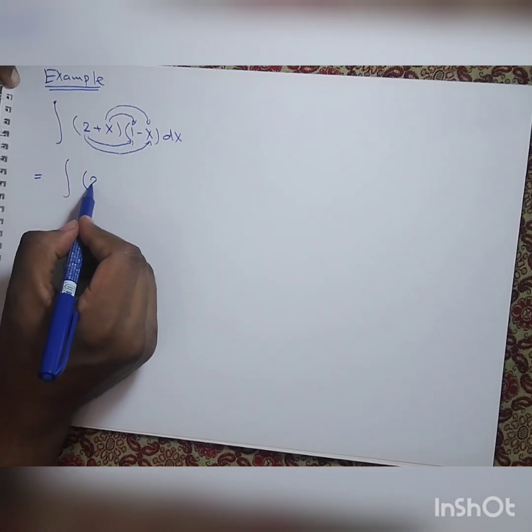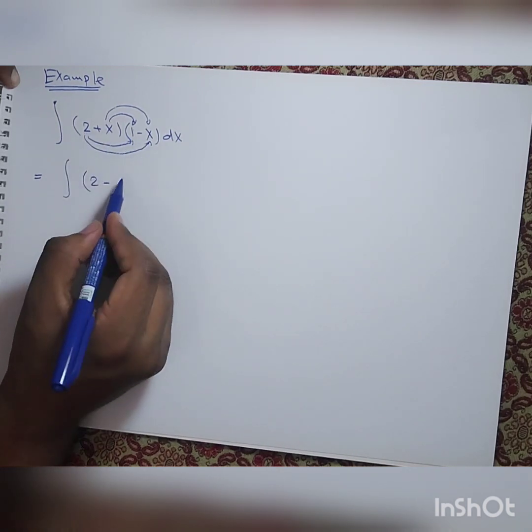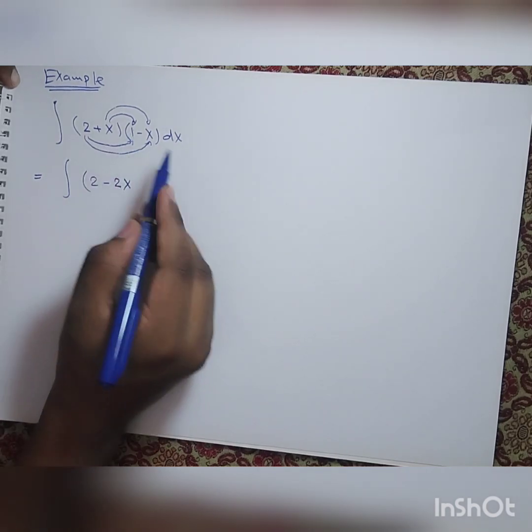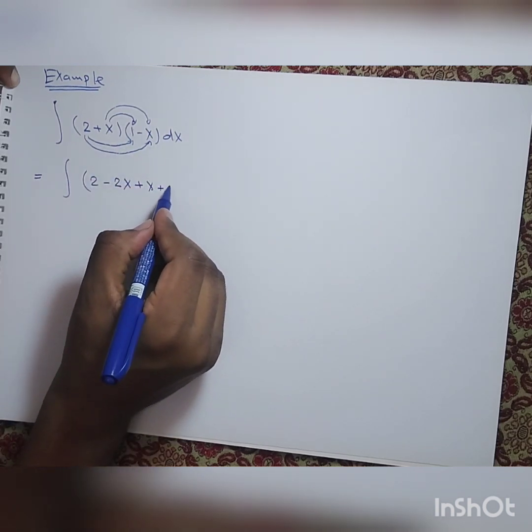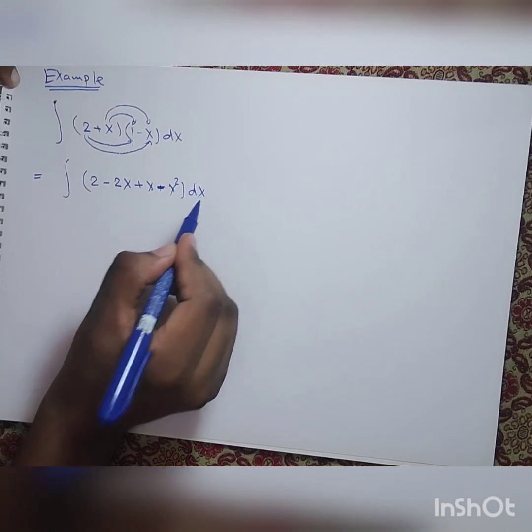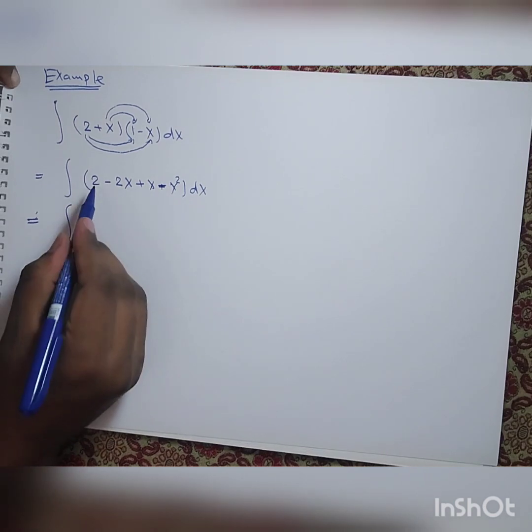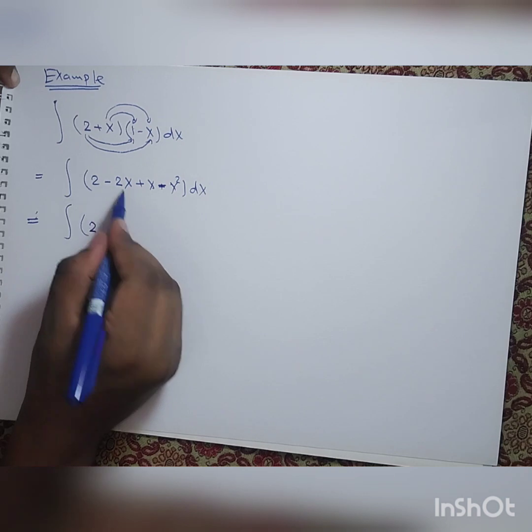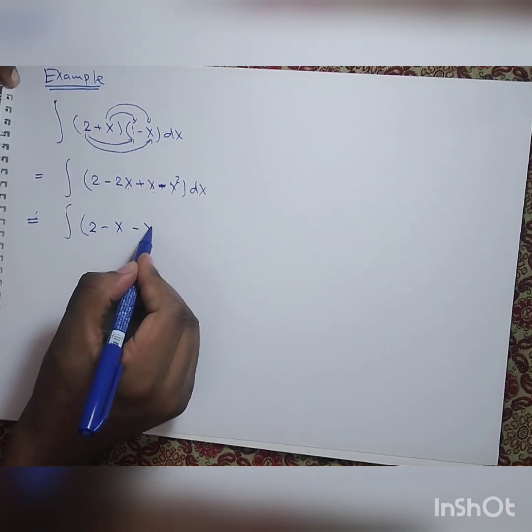Here we get 2 when we multiply 2 by 1, minus 2x when we multiply 2 by negative x, and then we multiply x by 1, we get x, and we multiply x by negative x, we get negative x squared, dx. Now we can simplify. Here we have 2, and then negative 2x and x, we would have negative x, and then negative x squared dx.